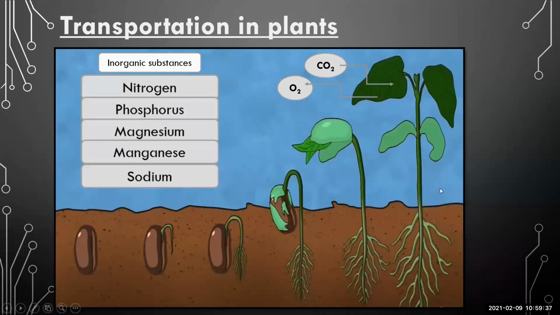The roots of the plants, which are nearest to the soil, absorb these inorganic substances and transport them to each and every part of the plant.